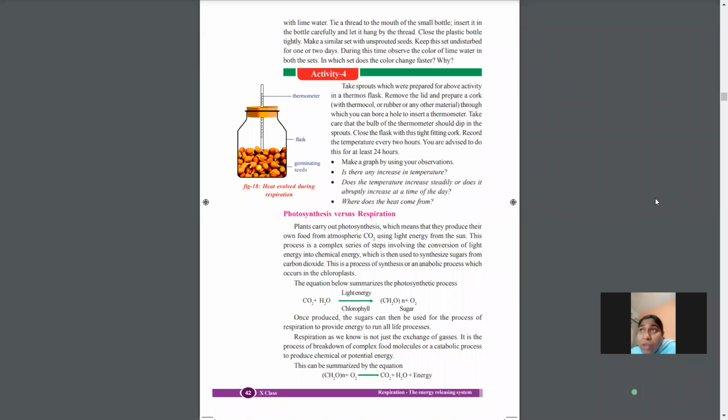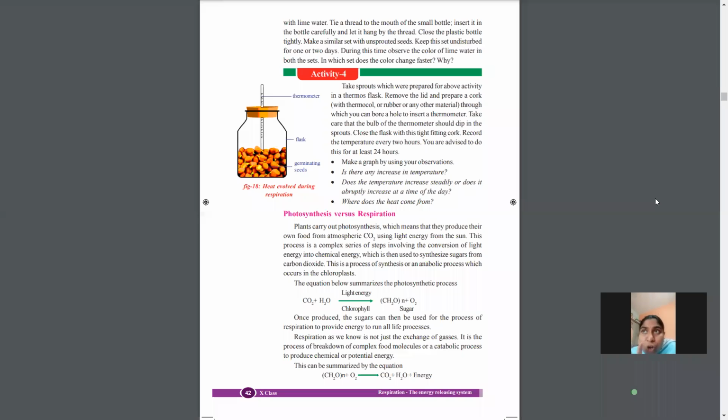You had to take care that the thermometer bulb touches the sprouts, dipped into the sprouts. Then you had to close the flask with the same tight fitting cork.